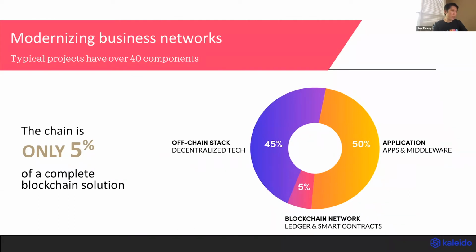It's either middleware that keeps things flowing from one organization to another in a secure way, or decentralized document storage, so documents can be secured, but also can be exchanged among the members. Just to give an example of some of the features that are needed to build a real production quality blockchain system.